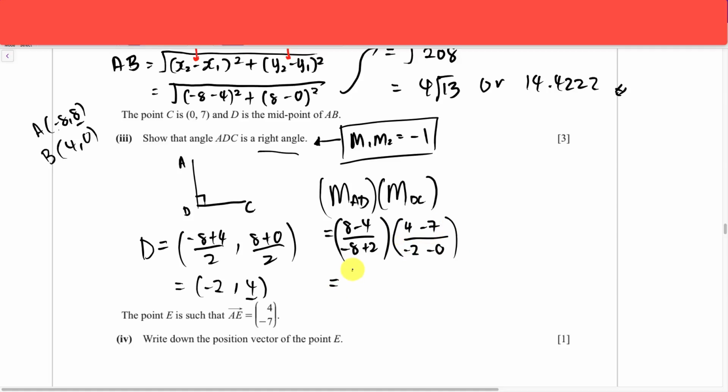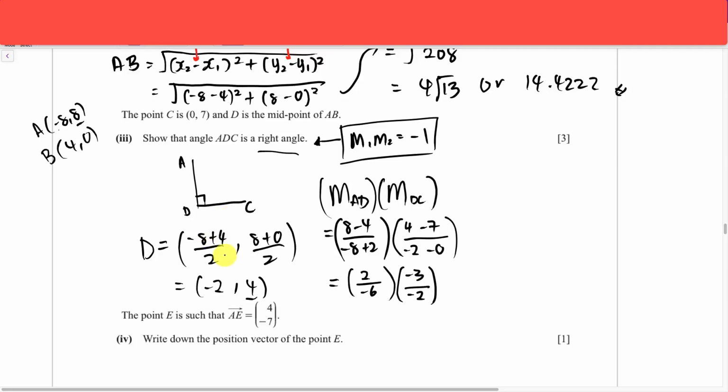So this one should be 2 over -6, and this one should be -3 over -2. I didn't get -1. Something is wrong in my calculation again.